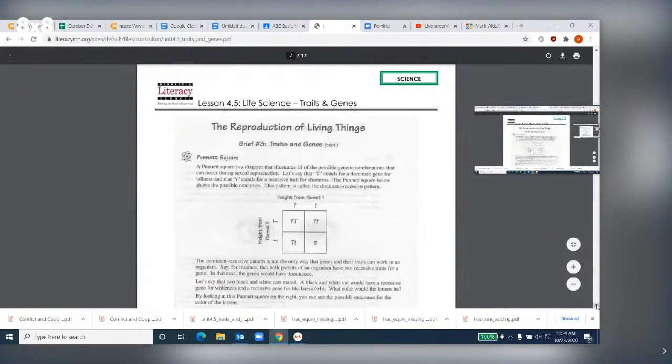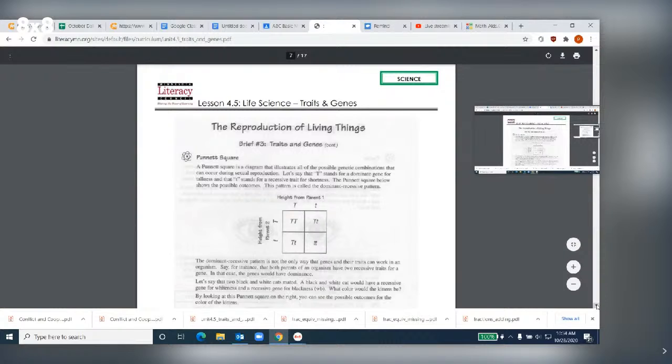So this is called a Punnett square. And that's a diagram that illustrates all the possible genetic combinations that occur during sexual reproduction. Let's say the capital T stands for the dominant gene for tallness, and lowercase t stands for the recessive trait for shortness. The Punnett square below shows the possible outcomes.